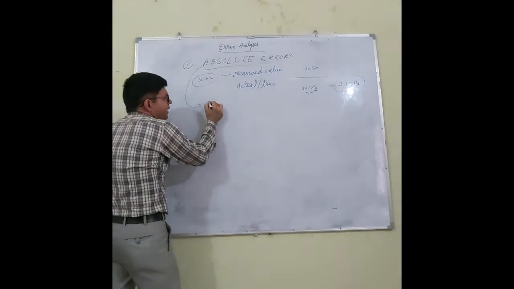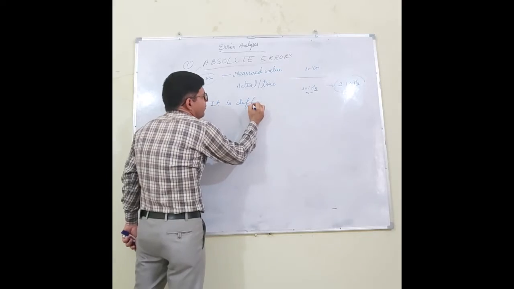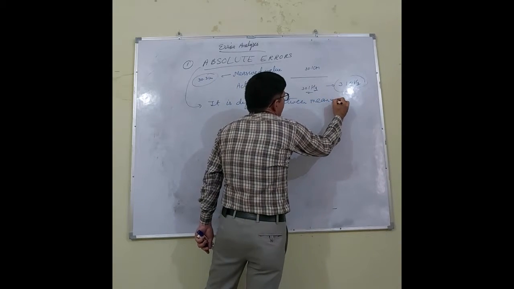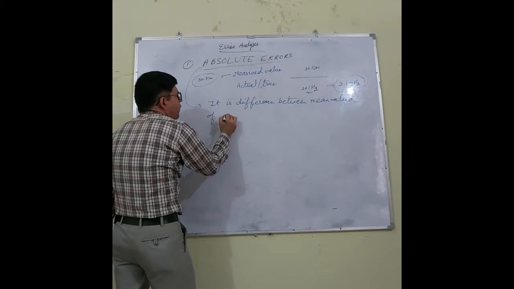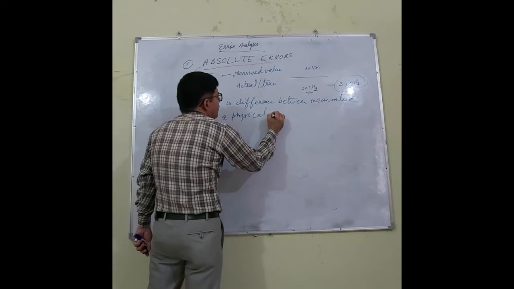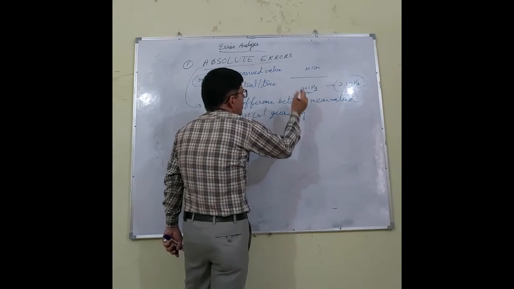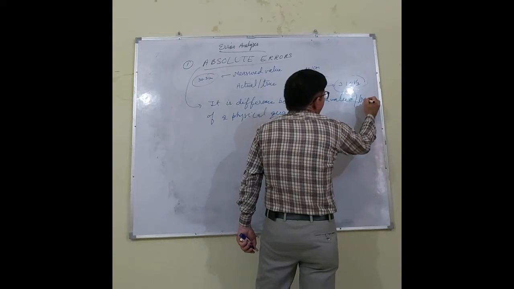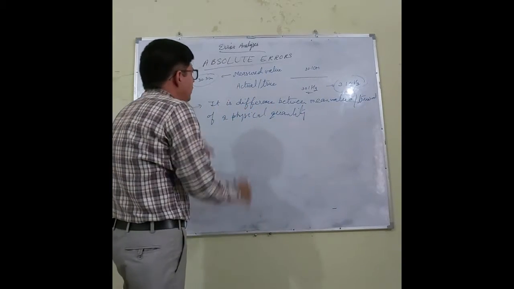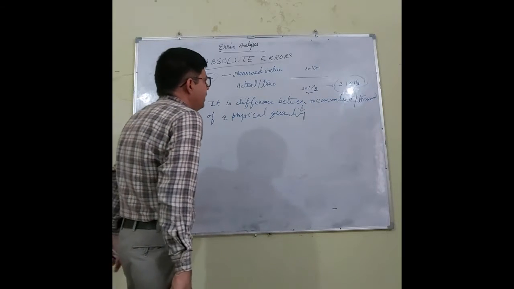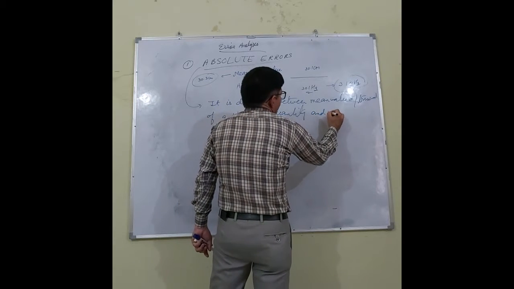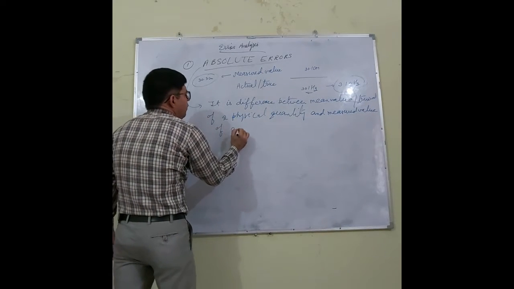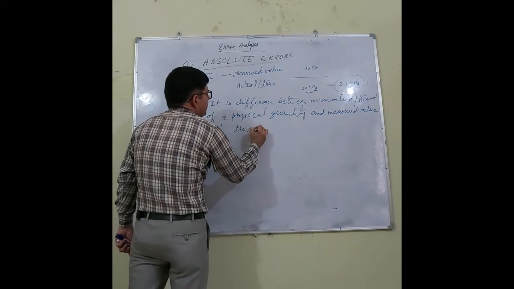So how can we define the absolute error? Absolute error is the difference between the mean value, the true value, the actual value of a physical quantity and the measured value of the same physical quantity.